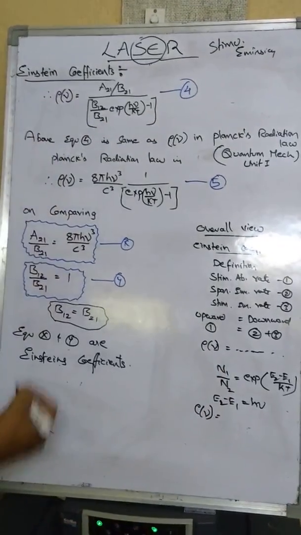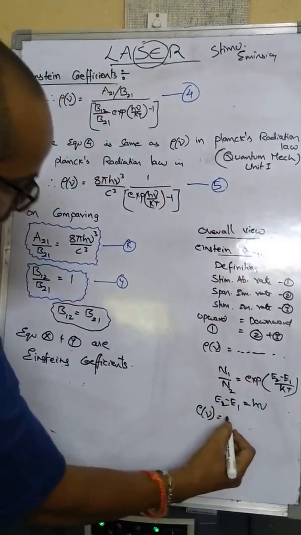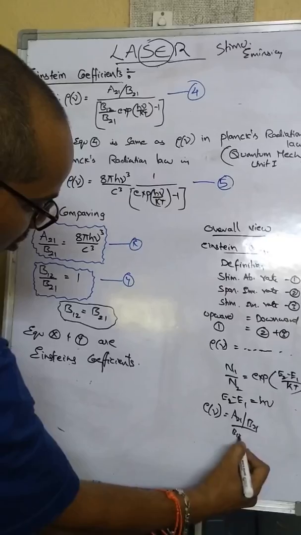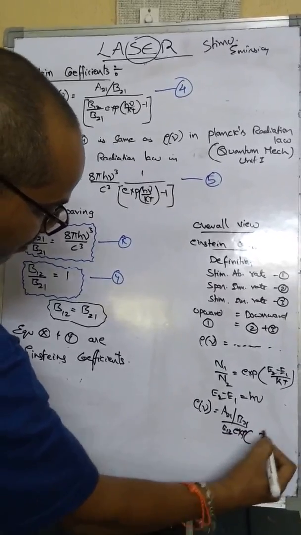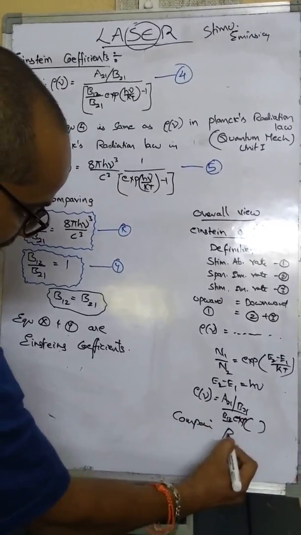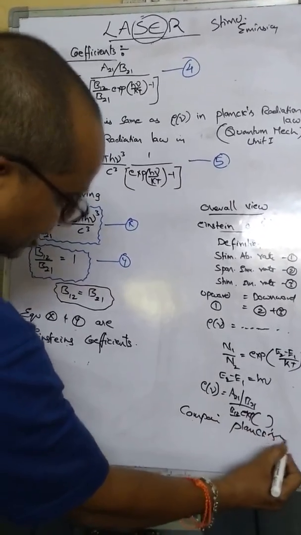We got an expression for rho nu in terms of A21 by B21 and B12 into exponential terms, and then we compared this equation with Planck's radiation law.